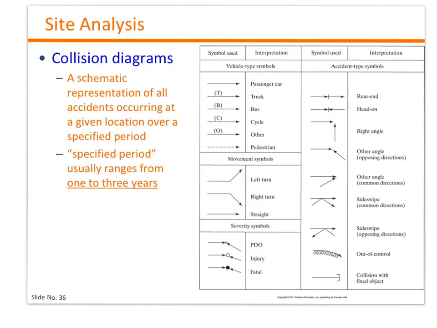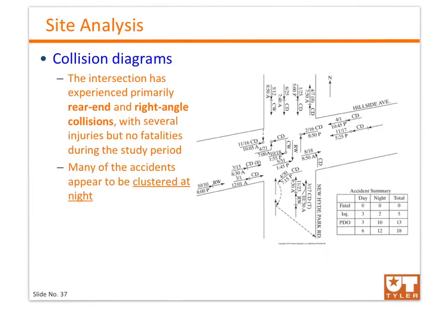So by looking into the vehicle type, the movement symbol, the severity of the accident, and the type of accident that happens, if we make use of all these symbols and put them in one diagram on that intersection, we could see lots of information by looking at one single picture.